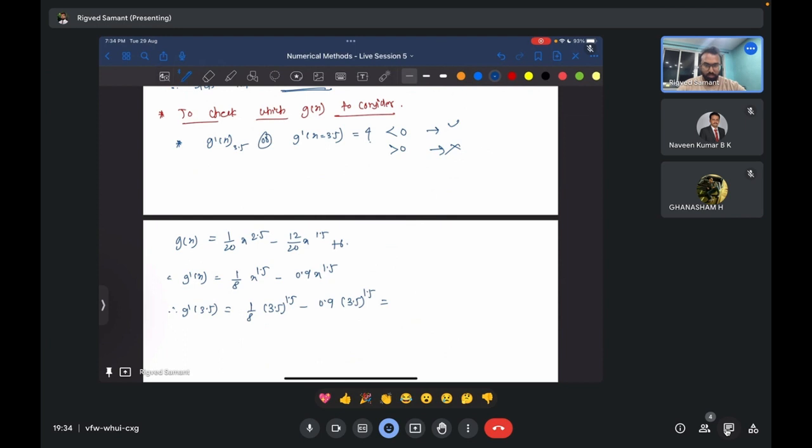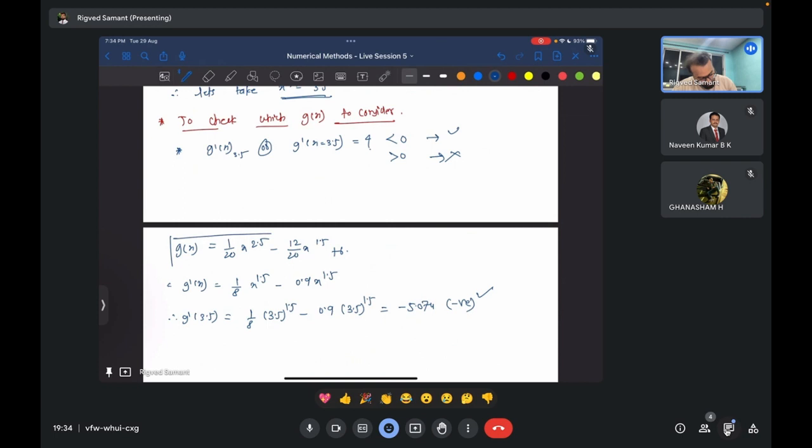Yes, so it is 5.074, that is negative. So we can consider this equation, that is this g of x.